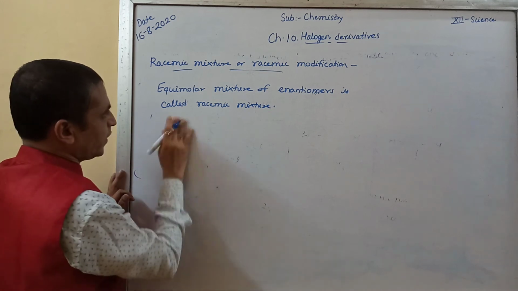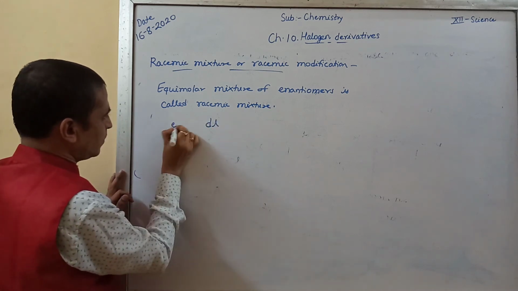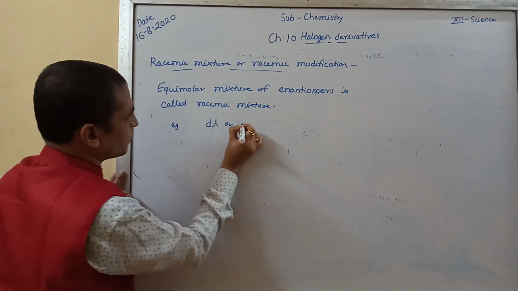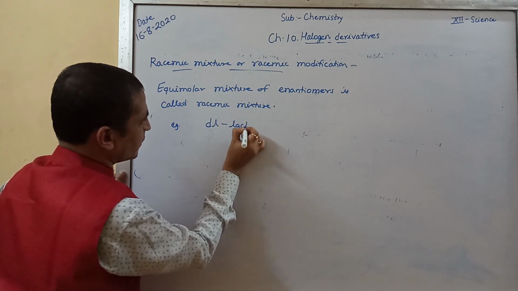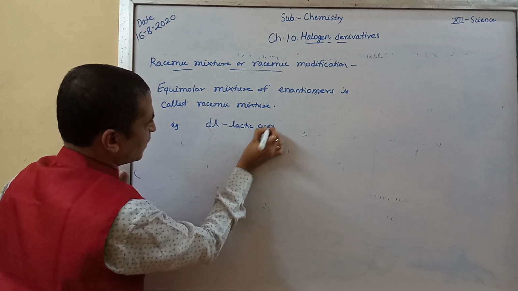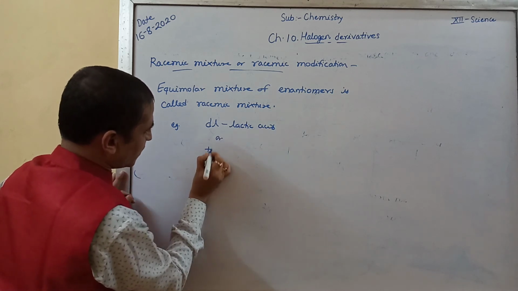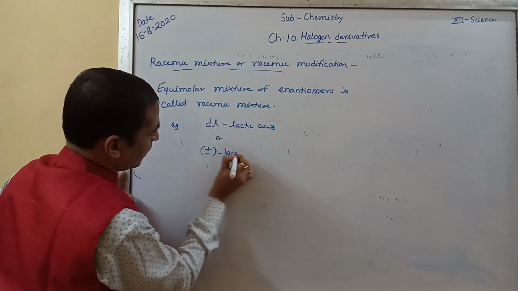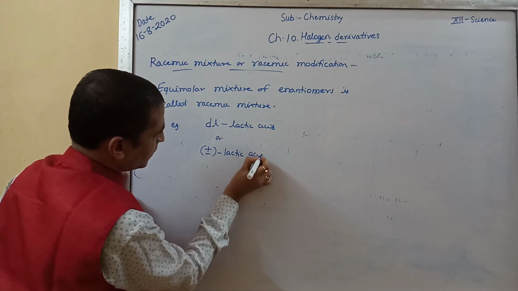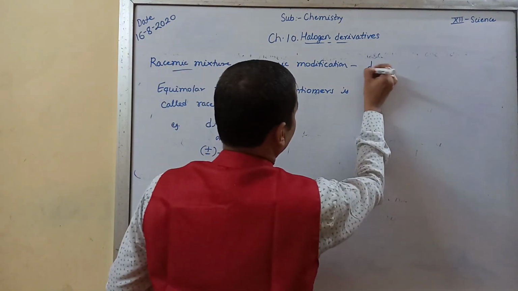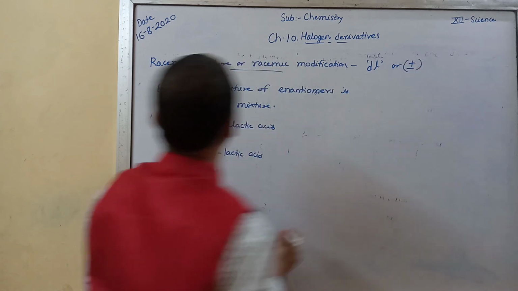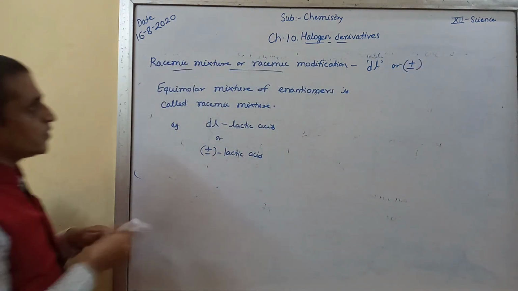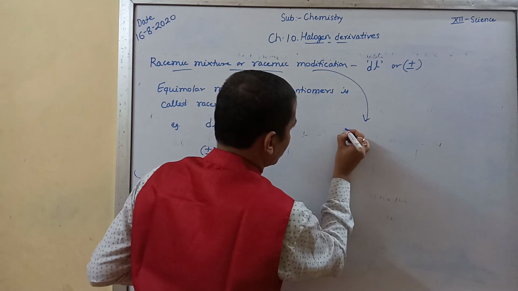They are shown by DL, example DL lactic acid, or plus minus lactic acid. Example means they are shown by what? DL or plus minus. But racemic mixture is what? Optically inactive.